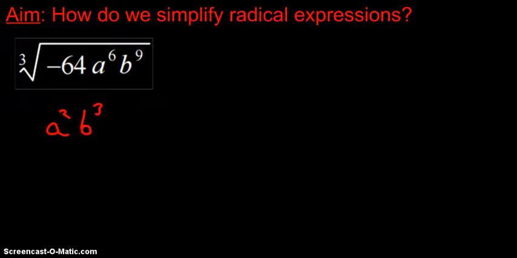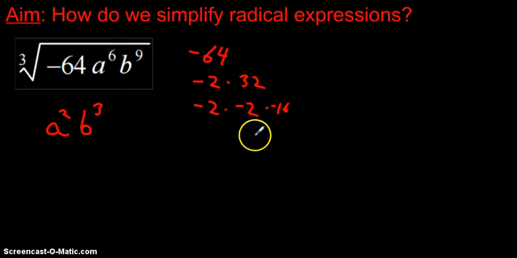So let's factor negative 64 into its perfect cubes. We're looking for 3 of the same factor. We might as well just factor out negative numbers. So that's negative 2 times negative 2 times negative 16.